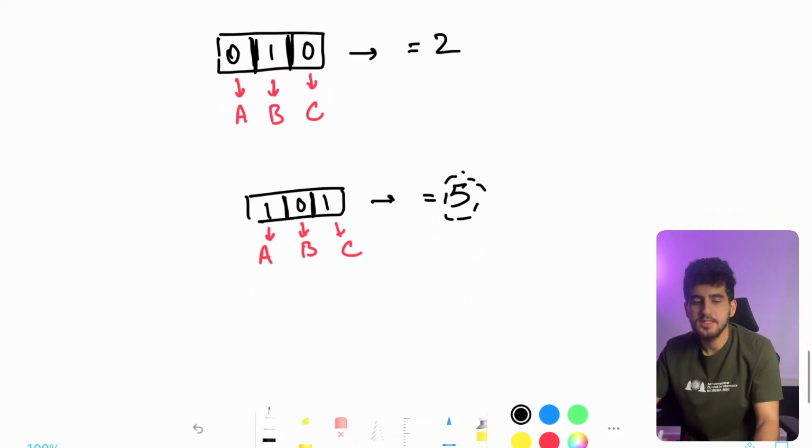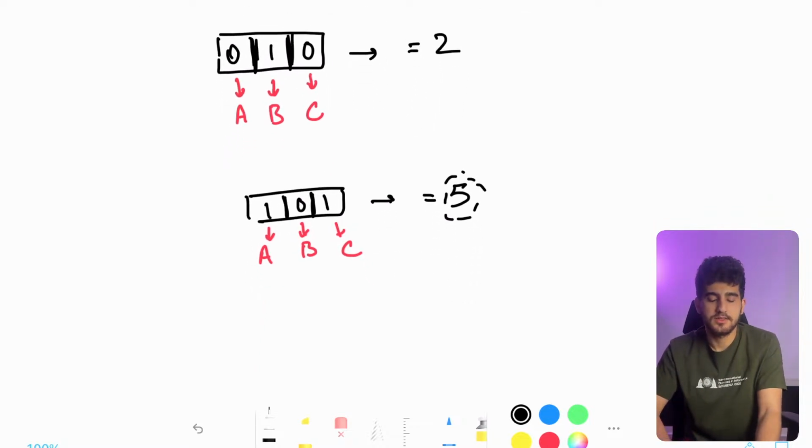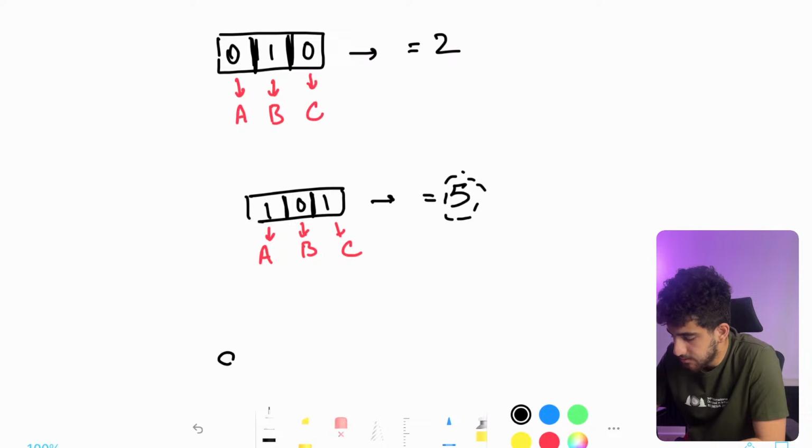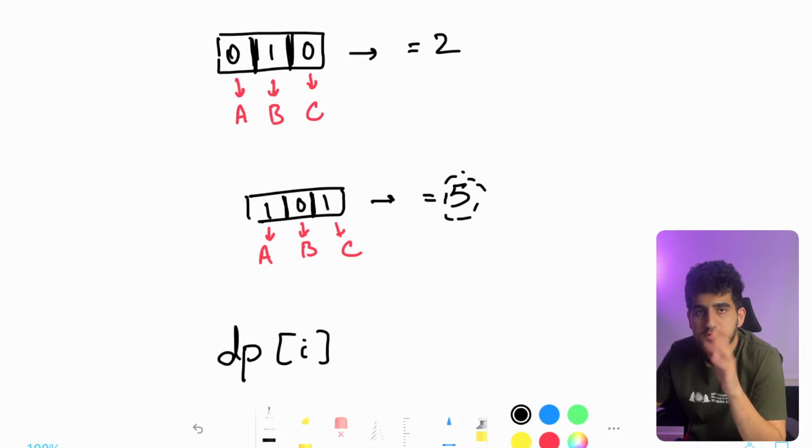And then we can define some dp on it. dp of I and some mask, I mean, dp of I and some number. This number is either 0, 1, 2, 3, 4, 5, 6, or 7.